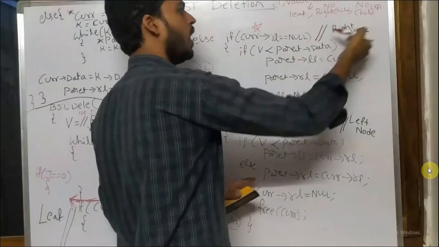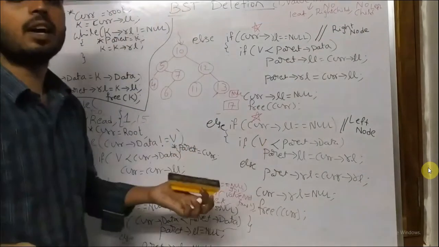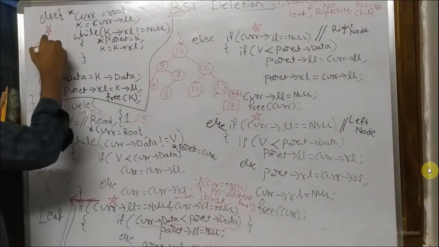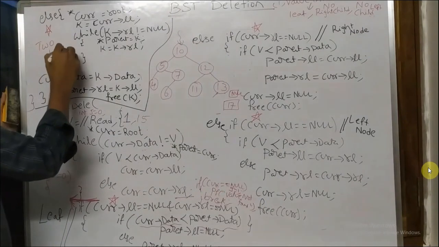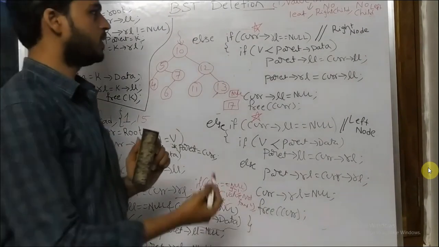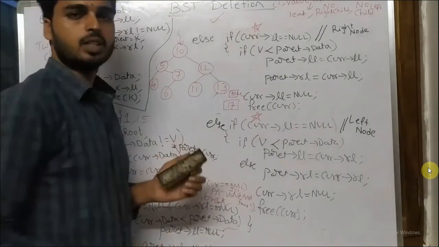And if all these cases fail, then obviously it has two children. Then this is the case for two children. Okay. So this is the implementation code for binary search tree deletion.